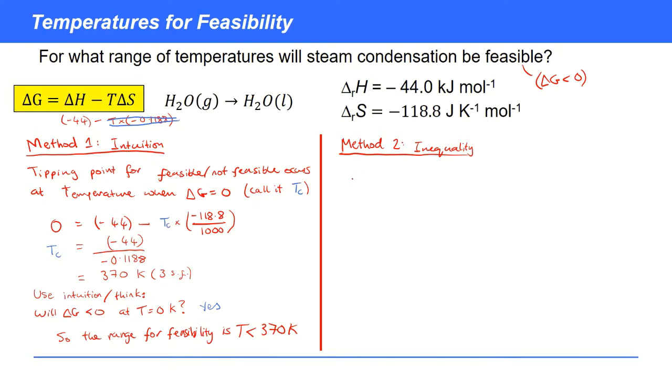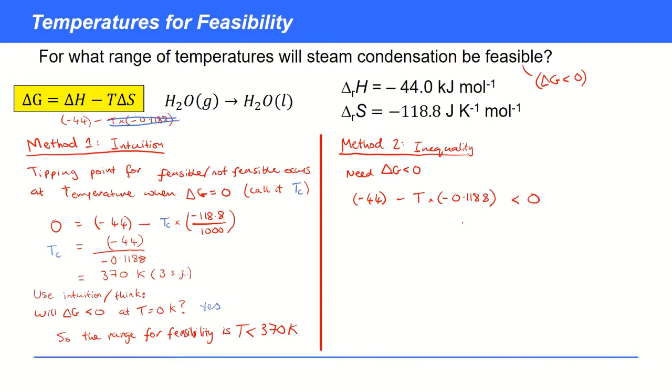So we say here that we need delta G less than 0 for feasibility. And so what we do is we just stick the numbers into the formula. So minus 44 for delta H, minus the temperature T times the entropy change, which is minus 0.1188. And that's got to be less than 0.